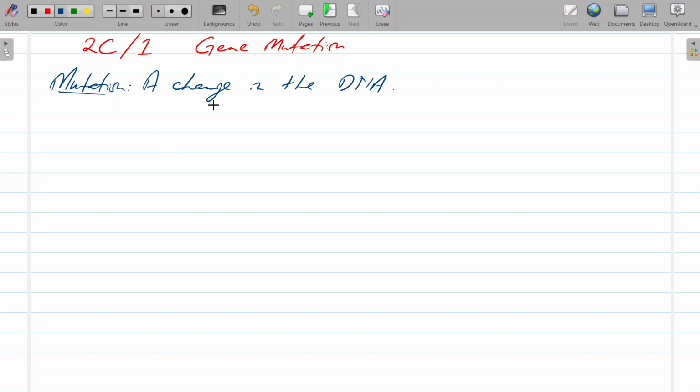right? Now it could be of different types. It could be a point mutation, or a simple gene mutation. So we've talked about point mutations, and we'll talk a bit more about the different kinds of point mutations. So it could be a point mutation where the nucleotide sequence is affected, so the nucleotide sequence is changed.